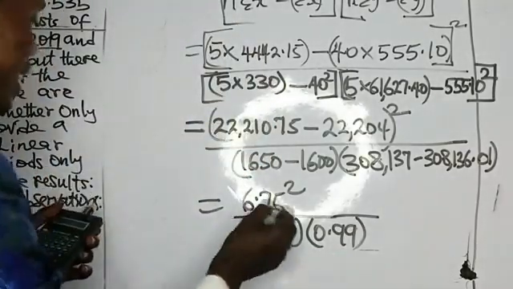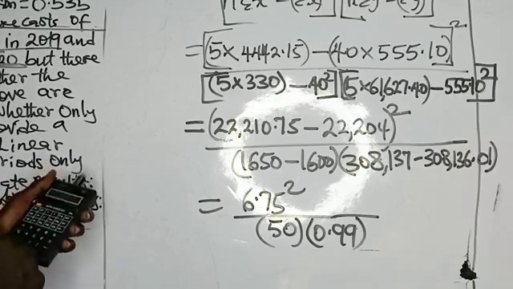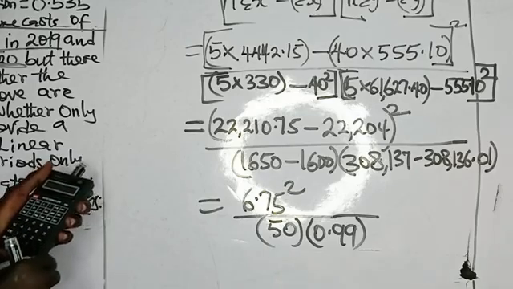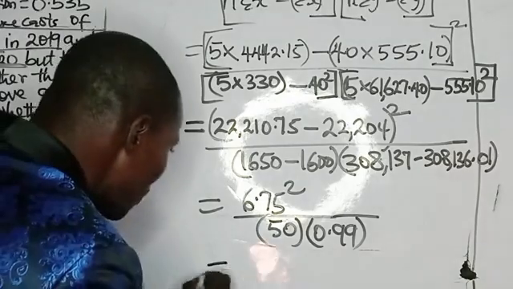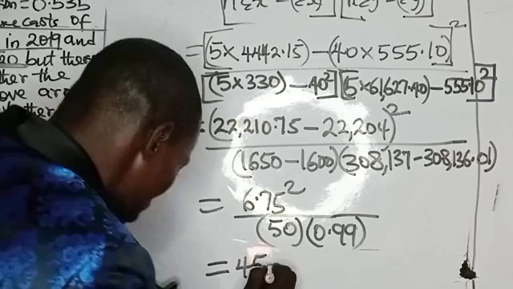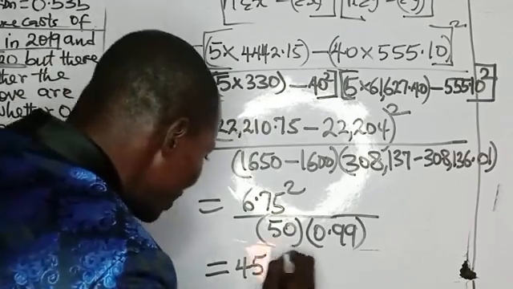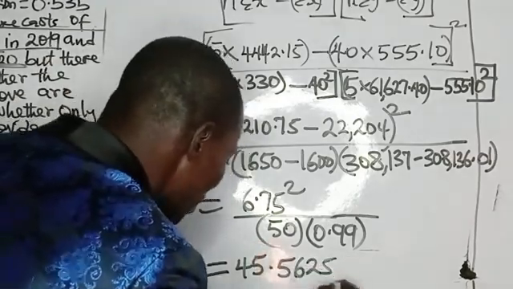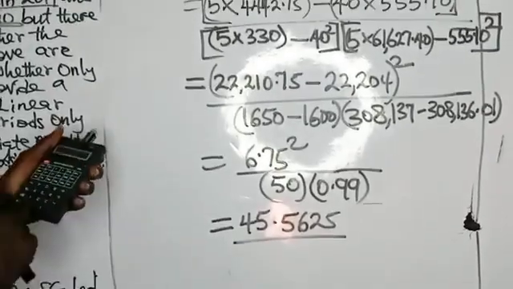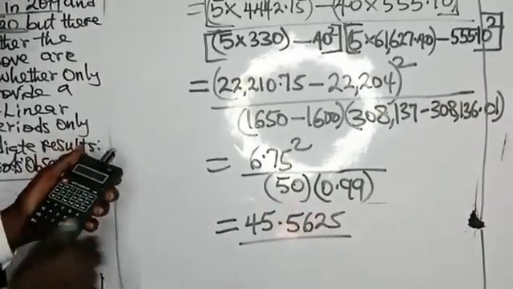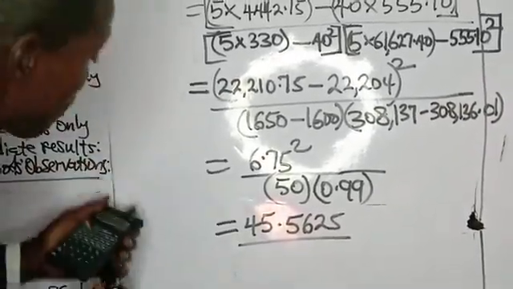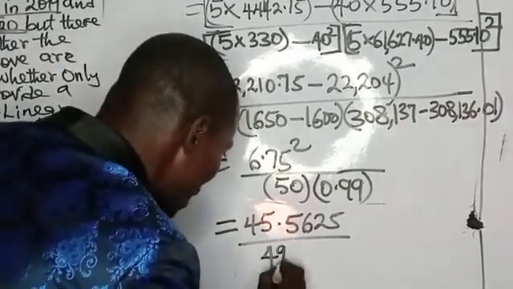What is the square of 6.75? That will be 45.5625, over 50 times 0.99. That gives us 49.5.